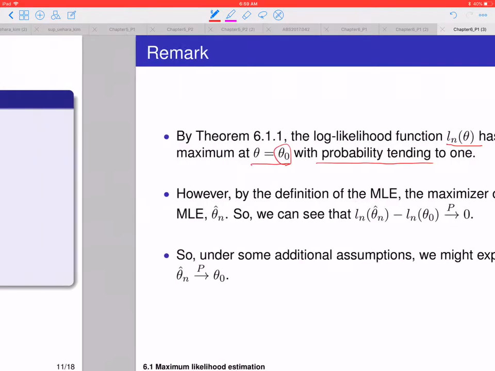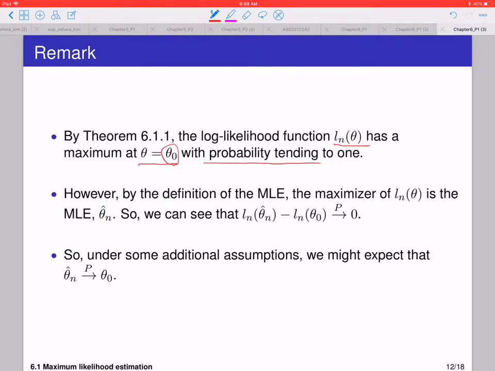But by the definition of the MLE, zeta hat is the maximizer of Ln. So it's like this: this is Ln zeta, and it's a function of n.